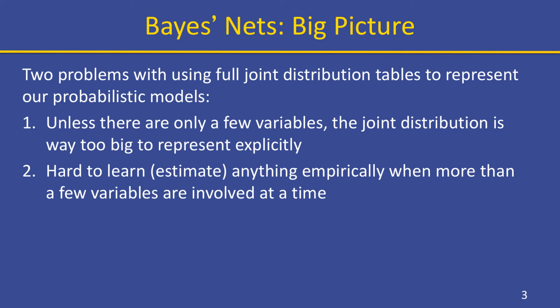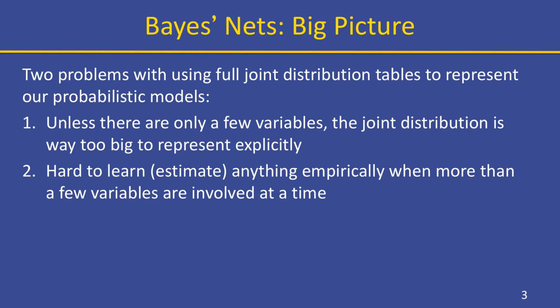We saw that a probabilistic model is defined by a joint distribution over a set of random variables. When we use the full joint distribution table to represent our probabilistic model, we run into two problems. Unless we have only a few variables, the joint distribution table is way too big to represent explicitly.